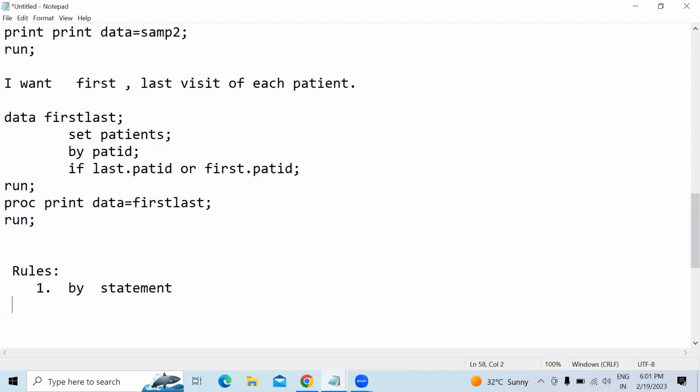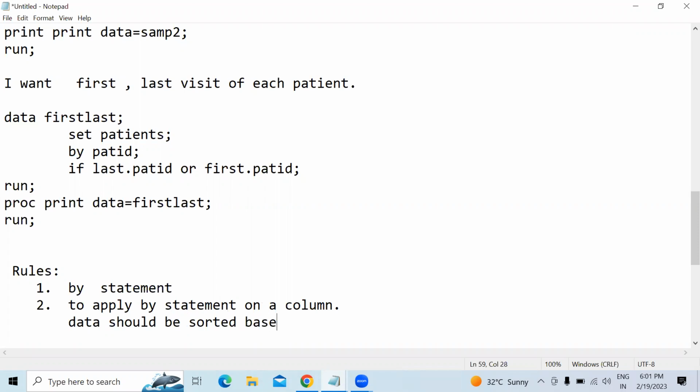Come on. Second. What is the second rule? To apply the by statement on a column, the data should be sorted based on that column. That's why I observe this entire sequence, today's journey.